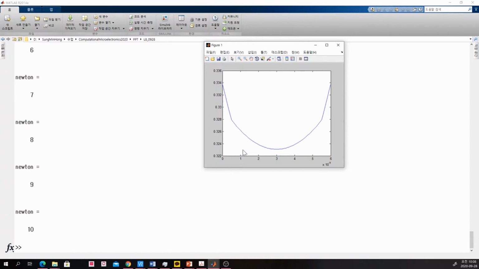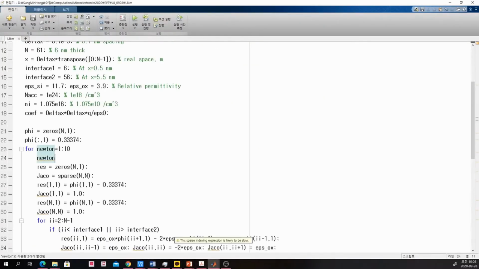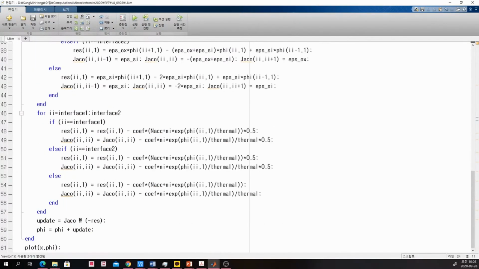It looks almost the same as before. Okay, you can do it. Then let me just do a certain exercise. Here we have update. Now update has some correction. Then how about this? Let's try to find the maximum component of update.